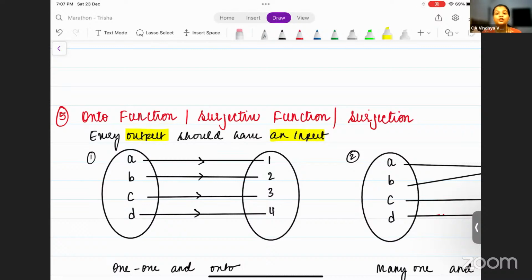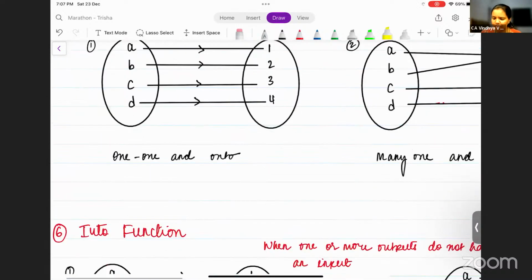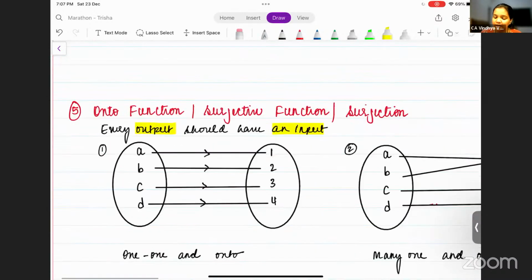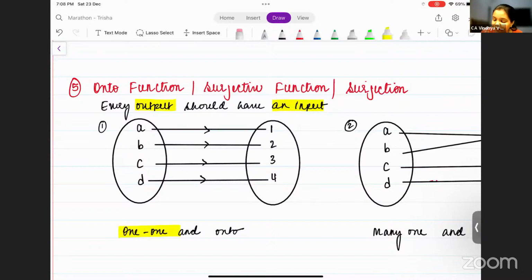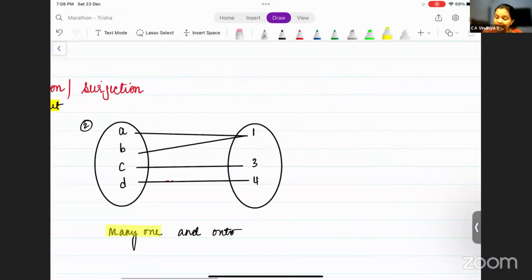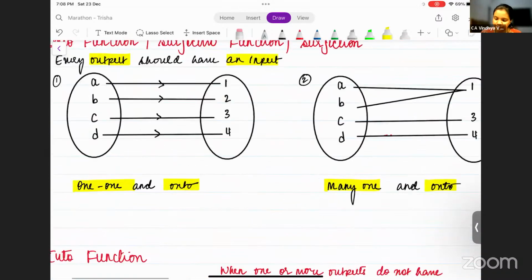See here, the first example is 1-1 and onto. One input, one output, and every output has an input. And here it is many-one and onto. Why many-one? Because more than one input has the same output.